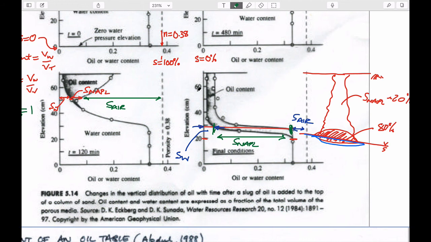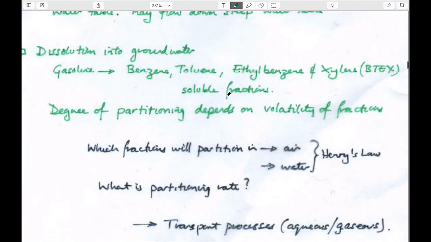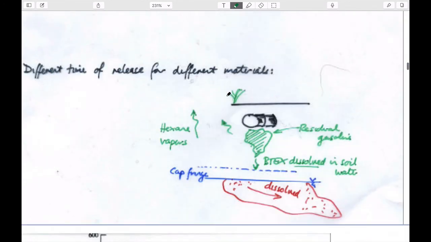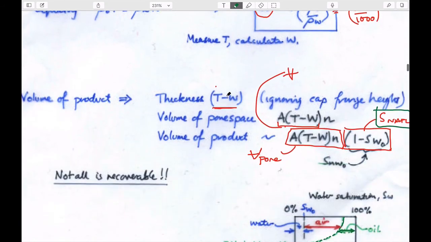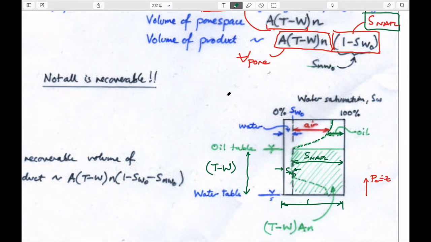So there was a portion which was water, a portion which was air, and a portion which was the NAPL. And so we have all three of these components present as we go up through the system. And that's exactly what we have in this particular case. So what we could do is we could ignore this part that's here.